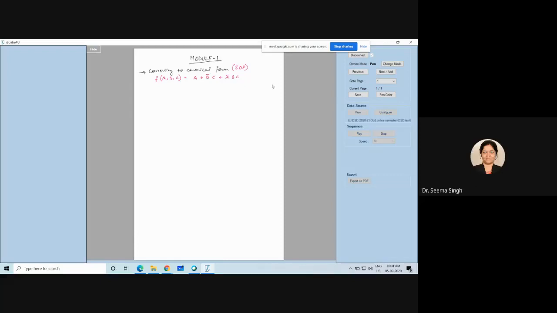Correct. Okay. What I can see here is that this one is already in min term form, because all of A, B, C is there in this term, so I need not do anything to that. But the other two terms I need to convert to min term form.